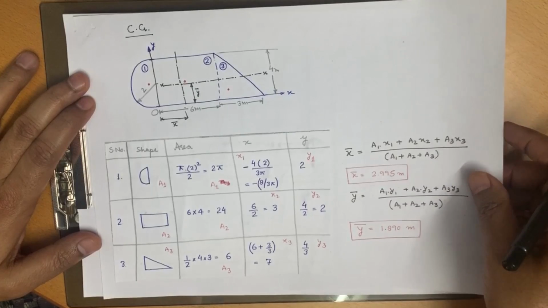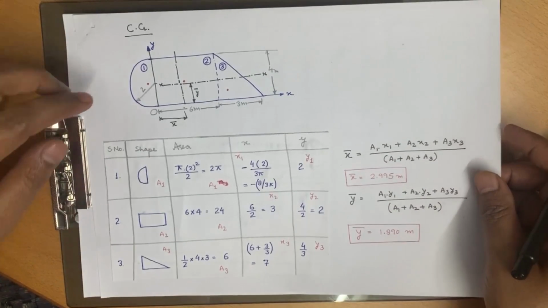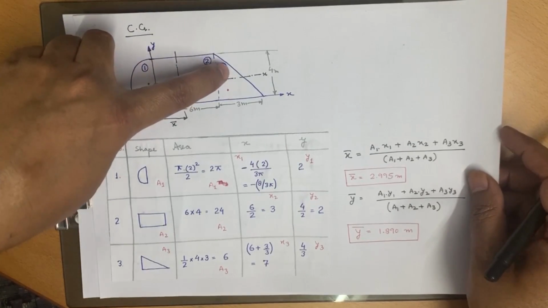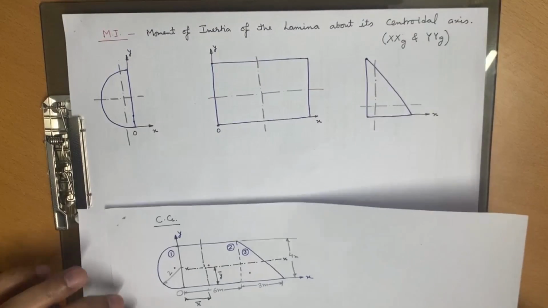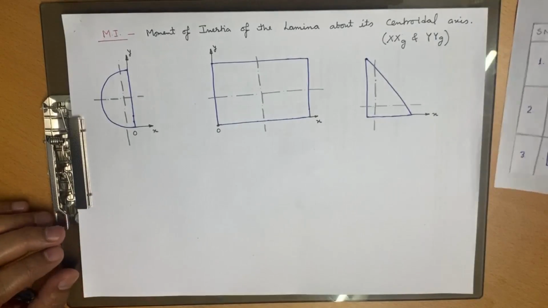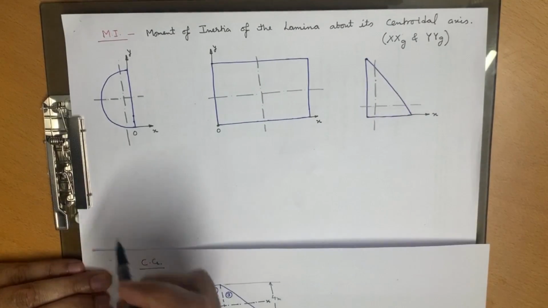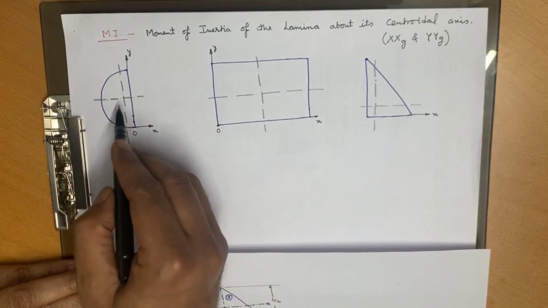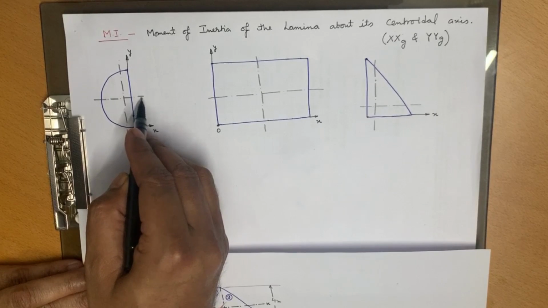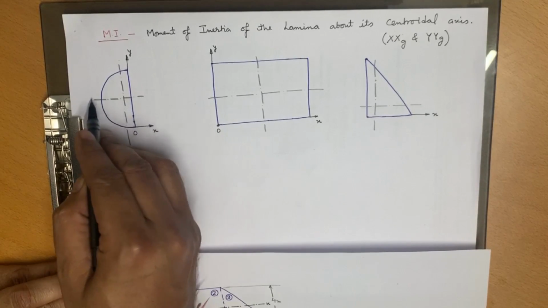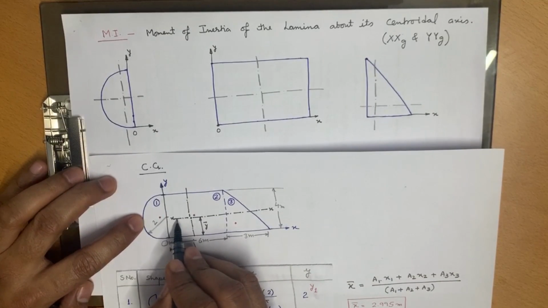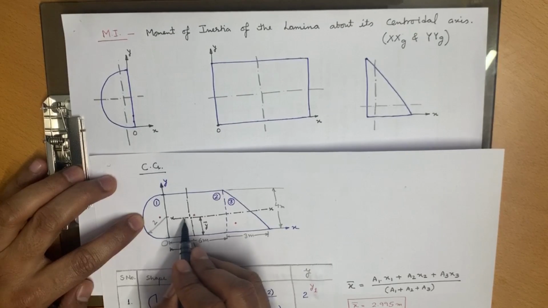So if I draw these three shapes, this one, this two and this three, on a different paper in this fashion, then this is its own centroidal axis, and you have to find out the moment of inertia about this axis.